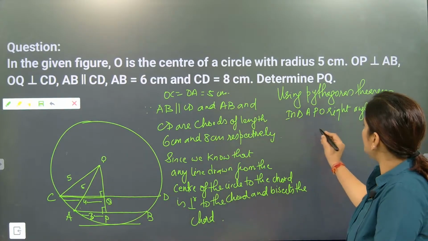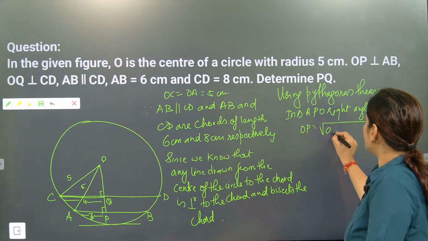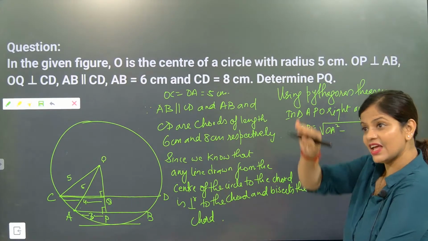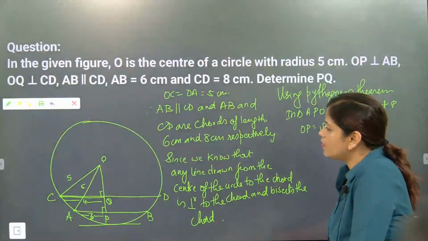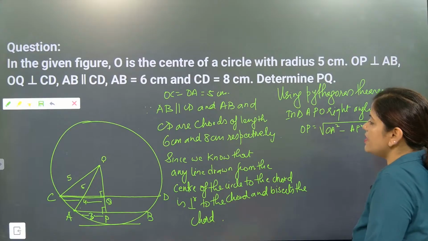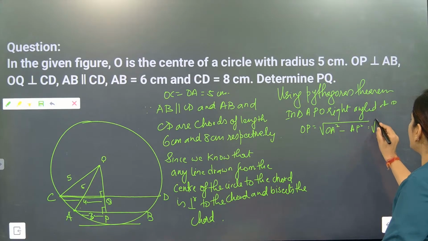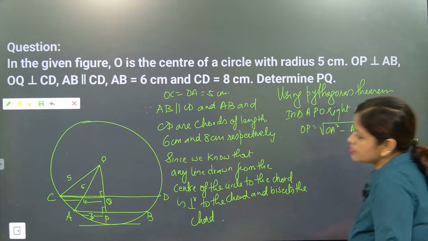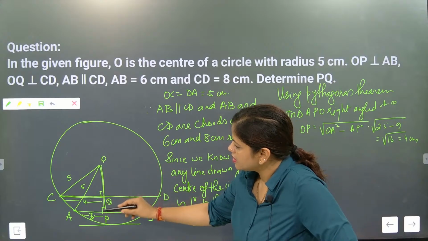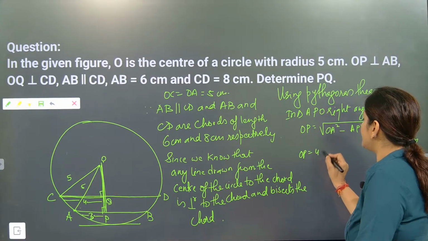We have to find OP, which is equal to root of OA square minus AP square. So this is 25 minus 9, root under 16, that is 4 centimeter. So OP is coming as 4 centimeter.